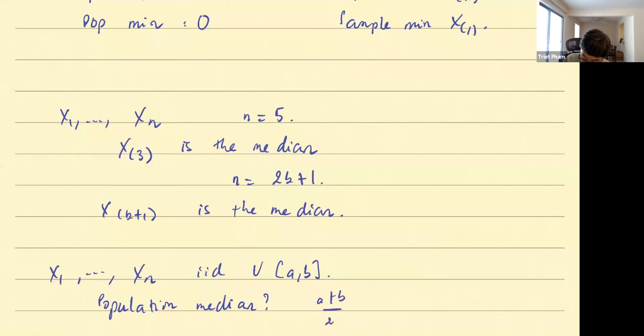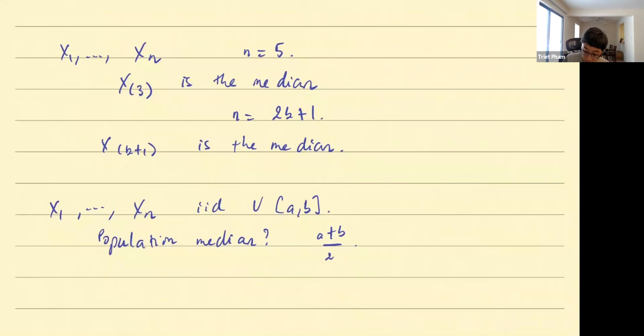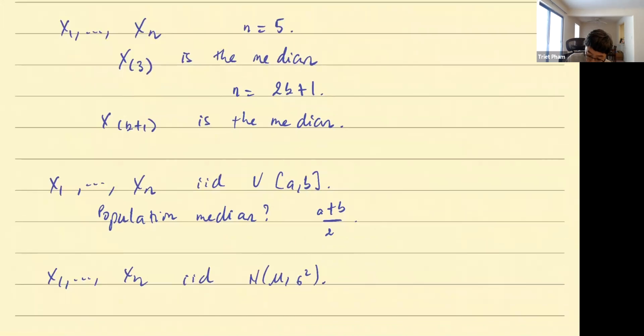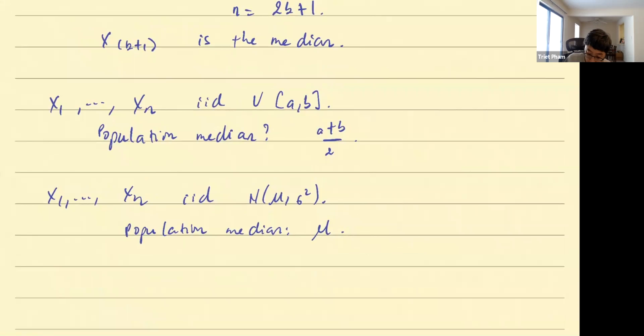That's correct. Okay. So another example. Let's say IID normal mu sigma square. Then population median is mu. I hope that's clear. Well, what about IID exponential lambda?